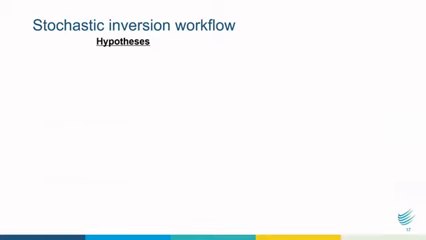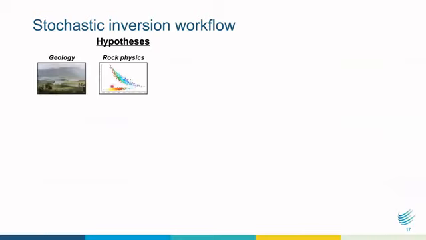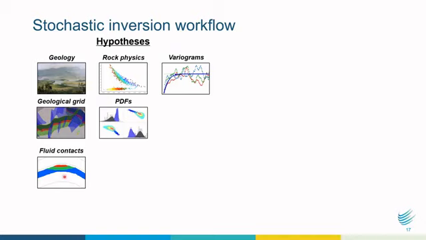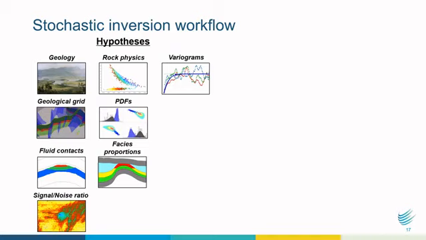So this is our knowledge about the geology of a region and of an object, the target reservoir, obtained rock physics relationships, ideas about the degree of changes in properties described using variograms, the generated stratigraphic geological grid, description of the distribution of elastic properties using probability density functions, data about fluid contacts, facies proportions, and expected signal to noise ratio in seismic data.